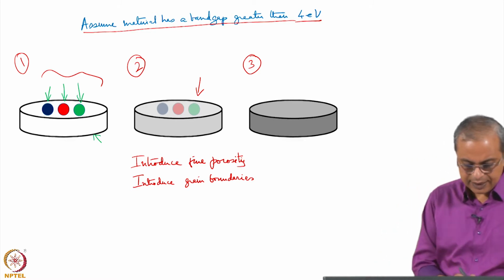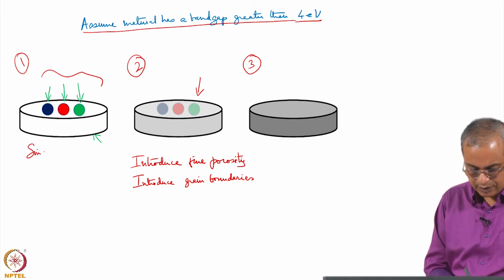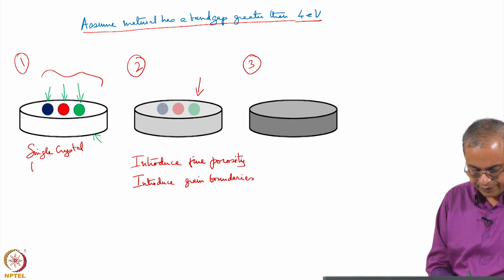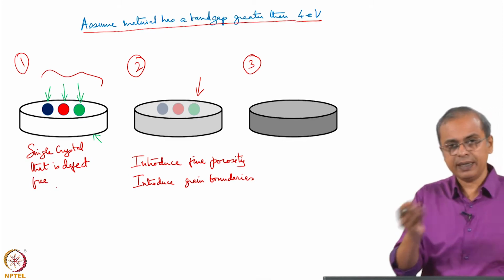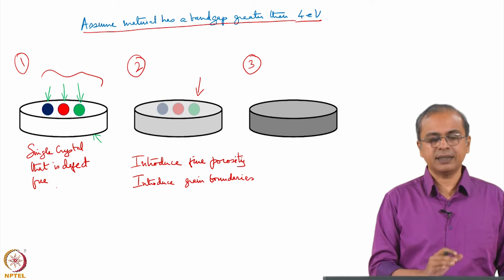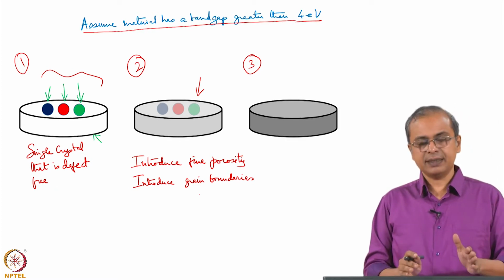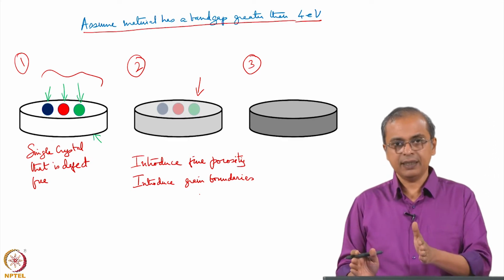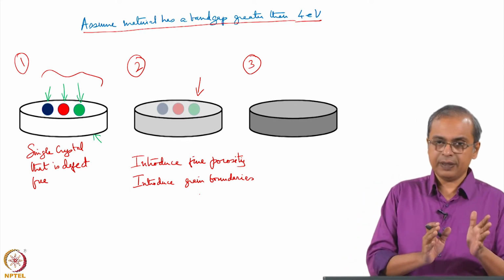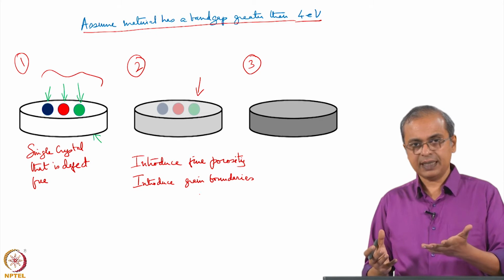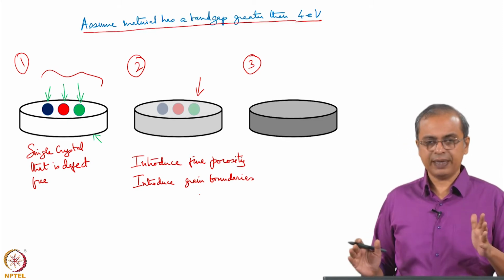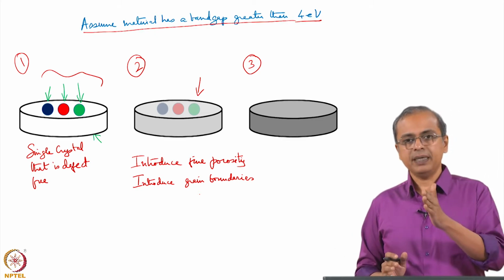So, a single crystal that is defect free, meaning it does not have porosity, for example, a single crystal that is defect free will be transparent. If you take a single crystal and introduce porosity in it, or you take the same material and make it a polycrystalline sample with some limited number of grain boundaries in it, you can make the material translucent.